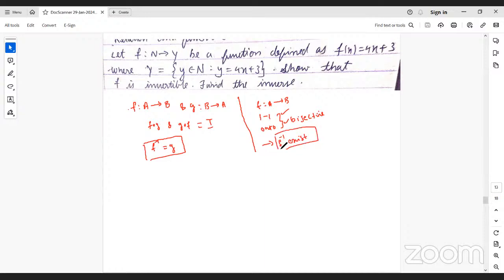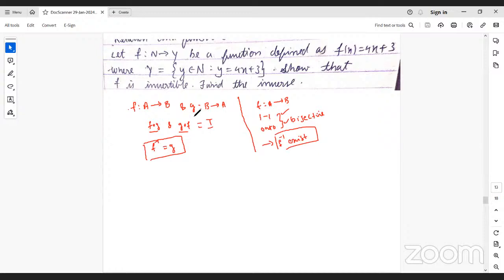And to find the inverse of the function, we make use of the property of composition of two functions, that is f composition g and g composition f. If f composition g and g composition f are equal to the identity function, we say that g is the inverse of f.